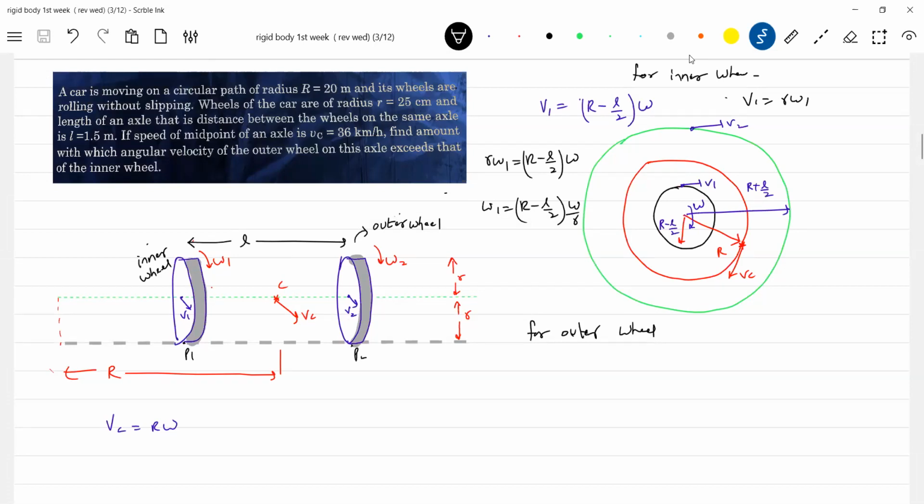Okay, for the outer wheel, the equation is V2 equal to R plus L by 2 omega, and V2 equal to r omega. Equating these two, r omega 2 is equal to R plus L by 2 omega.